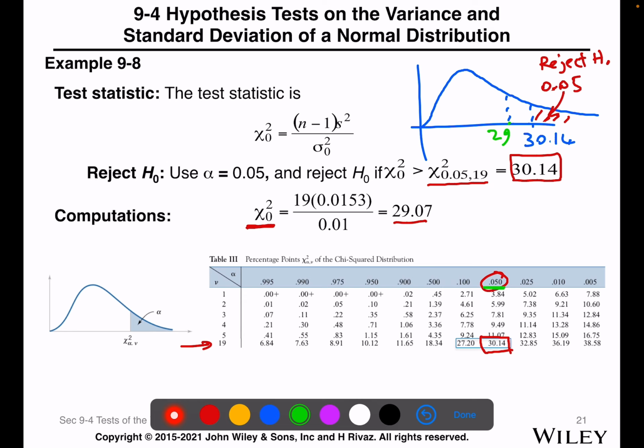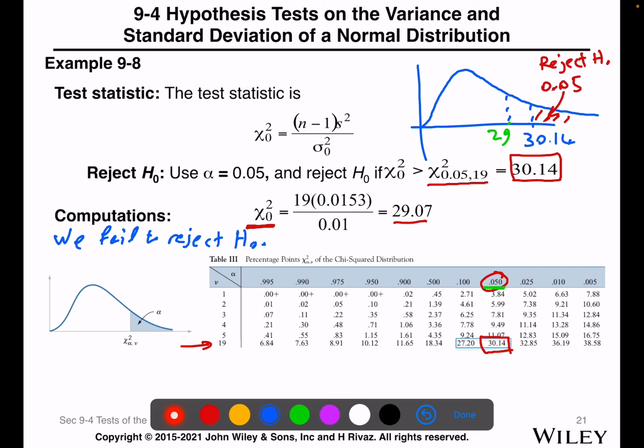Because last time, if it was farther right past the 0.05, then the probability is smaller. So I thought you said the odds of failing to reject is lower. Now we say that we accept it. No, we don't say we accept. So basically, if we want to write down what conclusion we make, we say that we fail to reject H0, right?